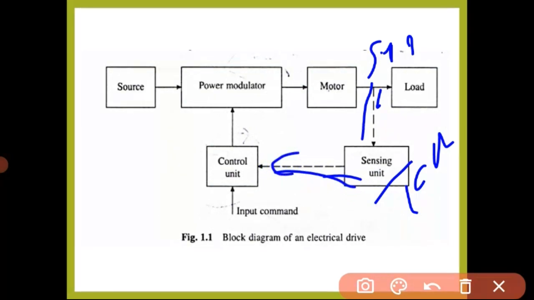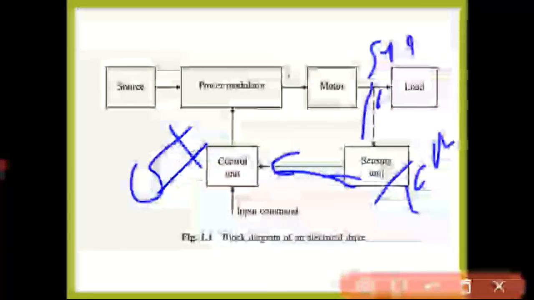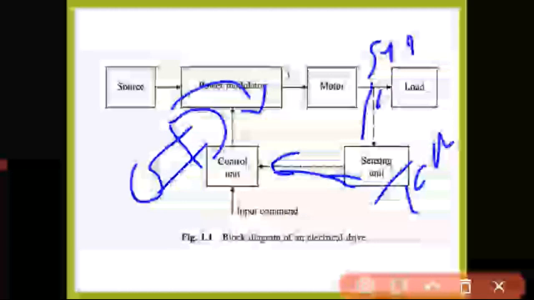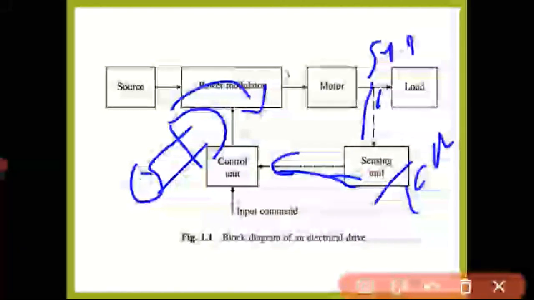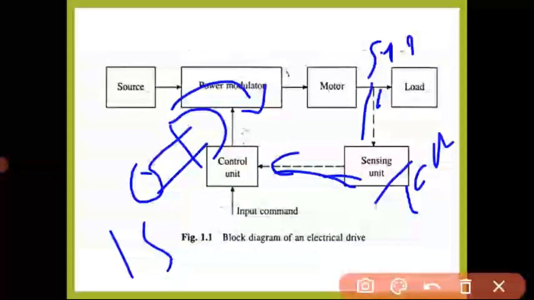So if you know the concept of the tacho generator, then it will be easy to understand. Let me explain here. The tacho generator shaft is coupled with the motor. If the motor is rotating at, say, 1500 rpm, assume that the voltage generated is 15 volt.